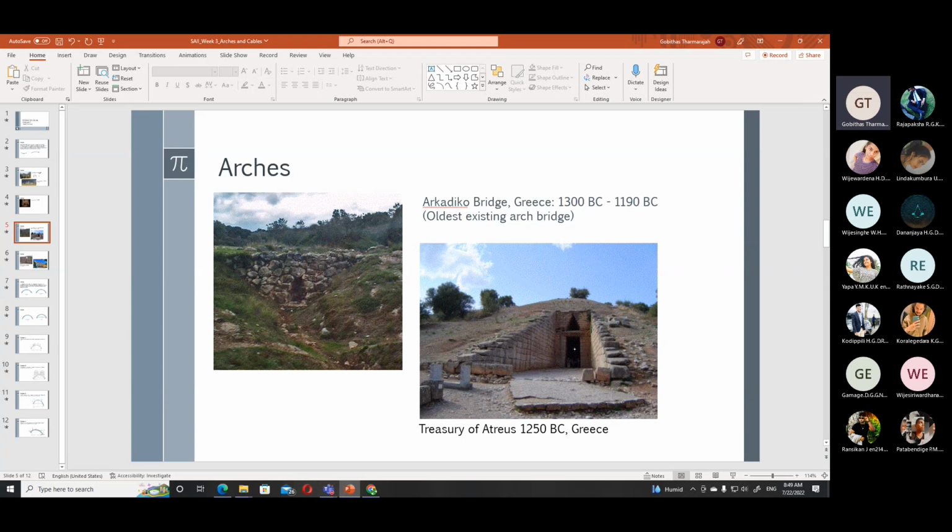And then this came, this corbel arch sort of thing. Now here, instead of one single stone, they started doing brickwork. So the brickwork, and then there's an opening, and this is 1250 years before Christ. So it's about 3250 years now.